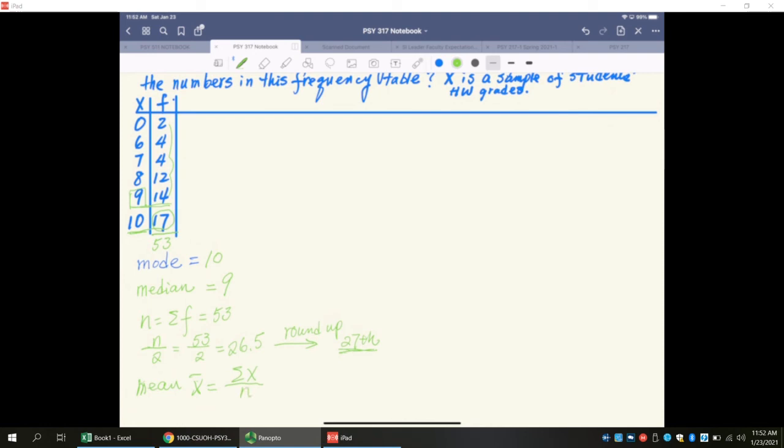Because this is a frequency table, you have to do a summation and consider the impact of frequency: frequency times x, divided by n. So we need to create f times x.